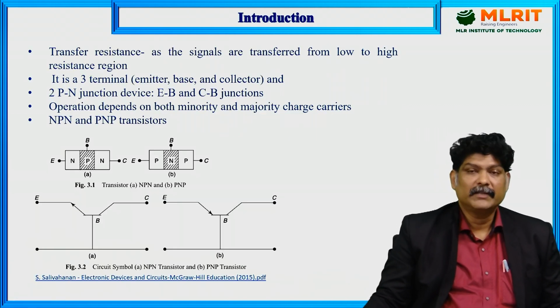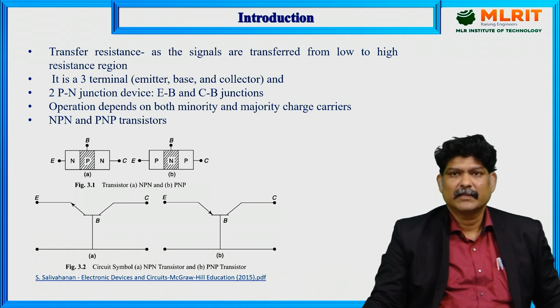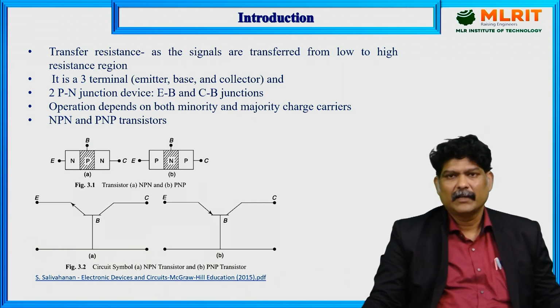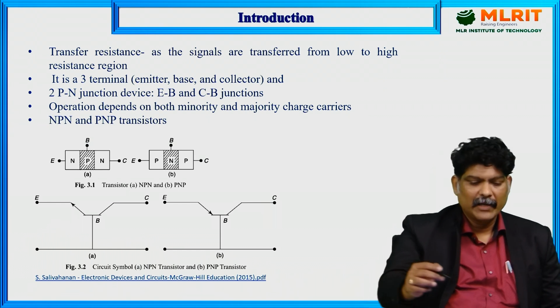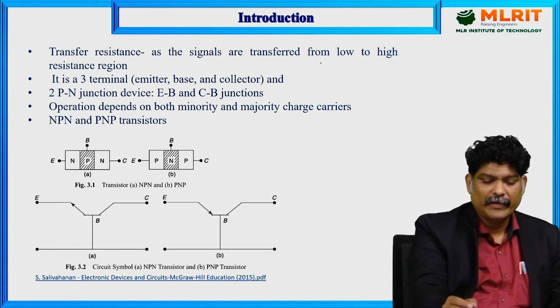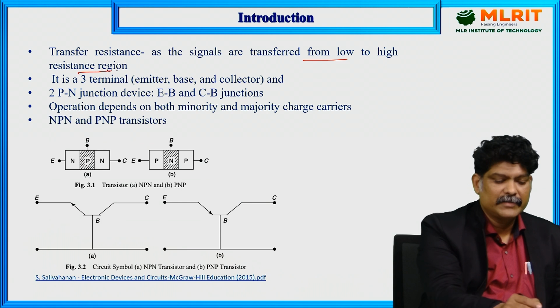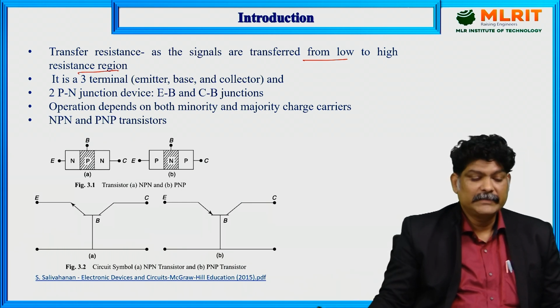So what is a BJT? What is a transistor? Transistor is a transfer resistor because the signals are transferred from a low frequency region to a high frequency region. It is a 3-terminal device.